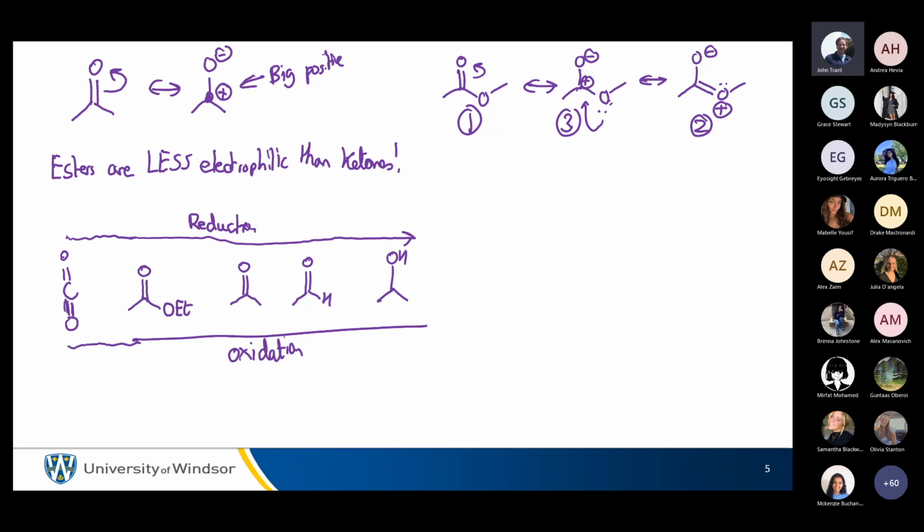By the way, find an efficient way to reduce carbon dioxide down to alcohol, methanol, and win a Nobel Prize. Because you could fix climate change by reducing carbon dioxide directly from the atmosphere into methanol, which would be great. We'd have tons and tons of methanol. Don't know what we'd do with all of that, but it wouldn't be a greenhouse gas. So this is a direct climate relevant problem.